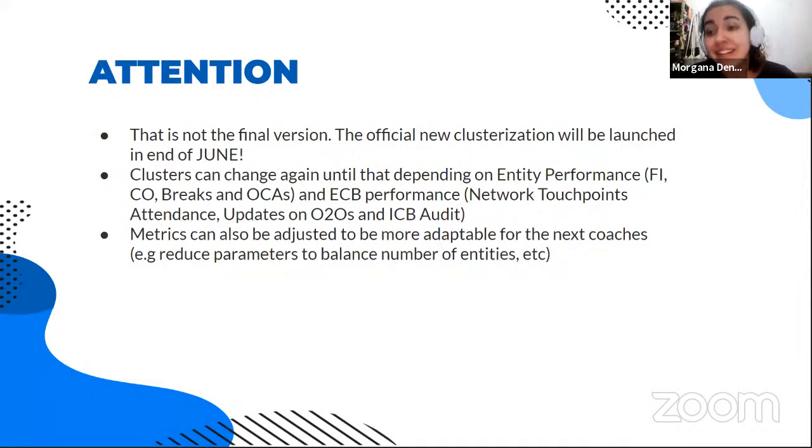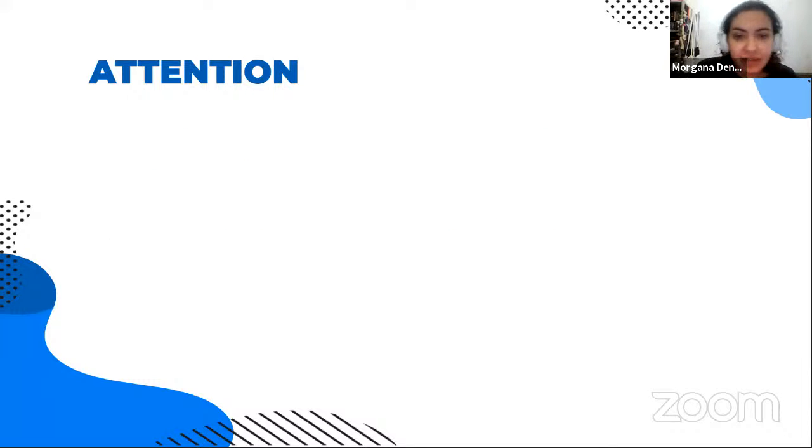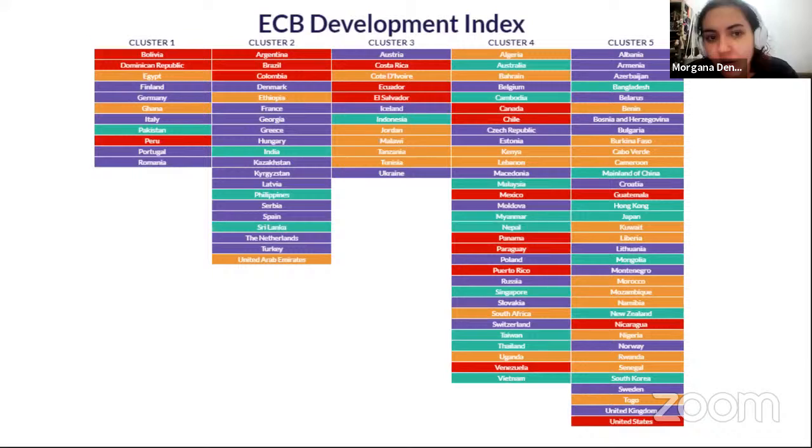Third thing, metrics. These metrics that I'm using can also be adjusted to be more updatable for the coaches. As I said before, look at how the situation is right now. Remember that our current one was already a little bit unbalanced. And look at how it is now, some clusters have too many entities.